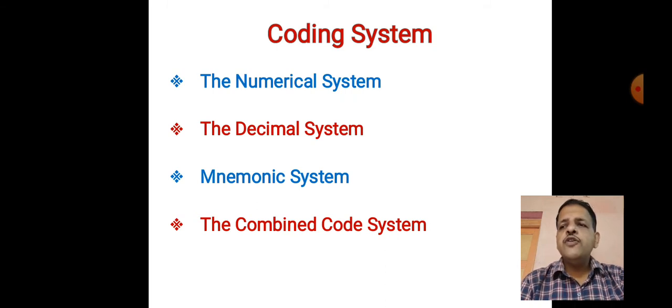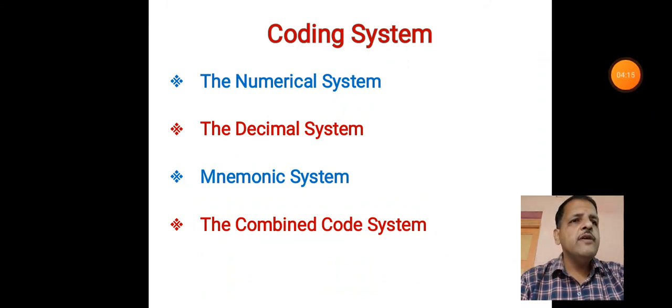For example, the numerical coding may be done like this: manufacturing overhead control 100, salaries to foreman 101, overtime bonus 102. Selling and distribution overhead control will be 200, printing and stationery 201, salary and commission to salesman 202. Like that is known as numerical coding, meaning a number is given to each and every code.